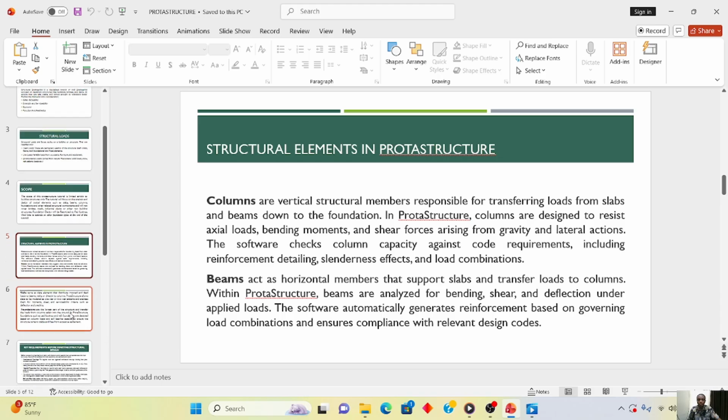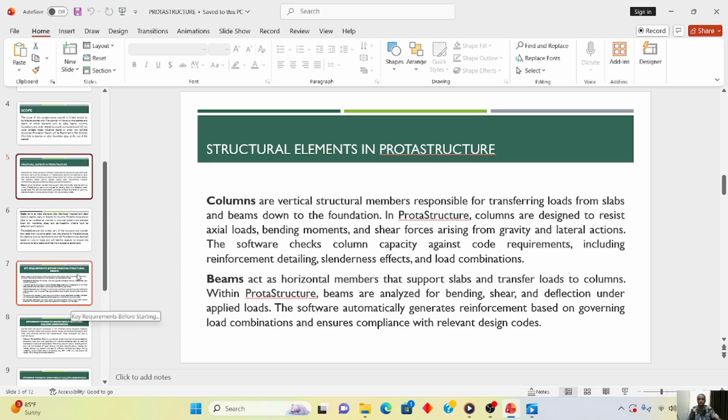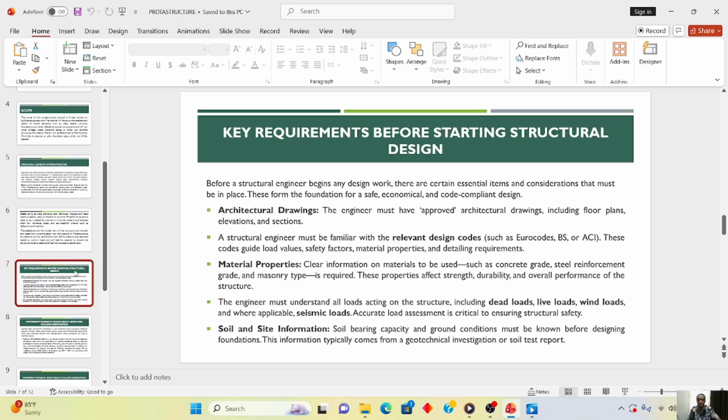So as we progress in the use of this software, you will see how all these things come into play. The software automatically generates reinforcements based on load combinations, and it also ensures compliance with design codes. In this tutorial, with Protastructure, as usual, just as in your manual design, we'll be using BS 8110 during our design. And also we have other BS codes that are used. All right. So, key requirements before starting structural design. Before a structural engineer or a just-graduated engineer begins any design work, there are certain essential terms and considerations that must be put in place.